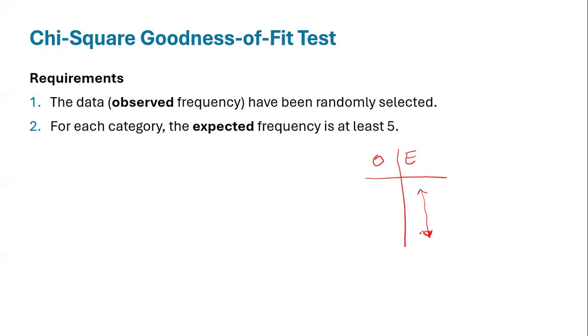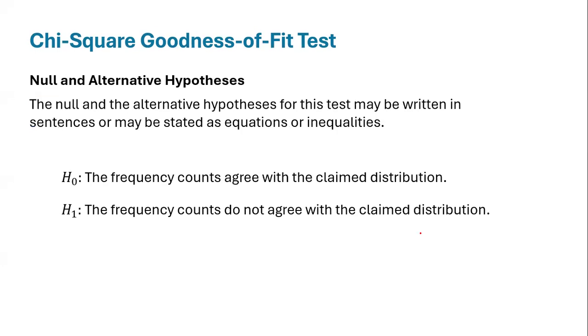After checking the requirements, we need to write the null and alternative hypotheses. As I said, the null and alternative hypotheses for this test may be written in a sentence. We can say that the frequency counts, which means the observed frequency, agree with the claimed distribution, which is the expected frequency.